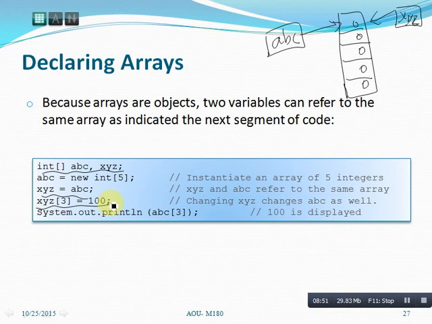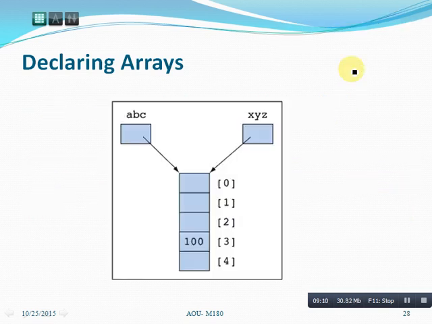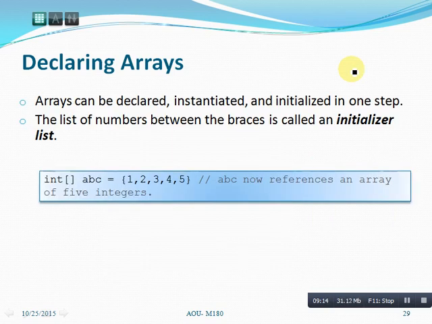For example, you said XYZ of 3 is equal to 100, so it is 0, 1, 2, 3. So the fourth element will be 100. And if you access ABC of 3, you will get 100, because both are referring to the same memory location. So as it is given here in the diagram.